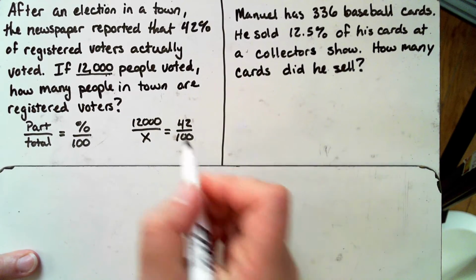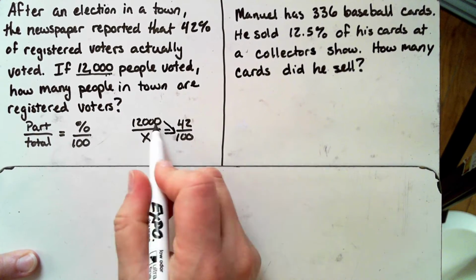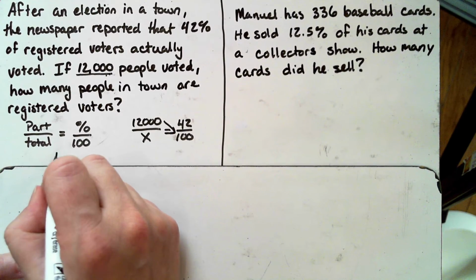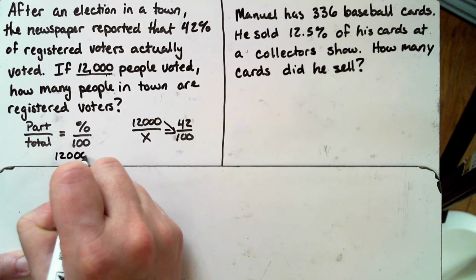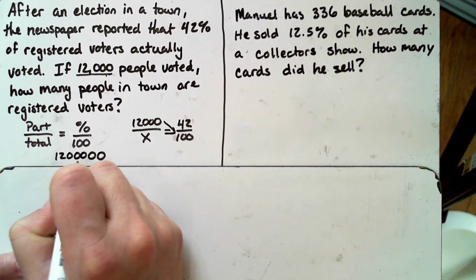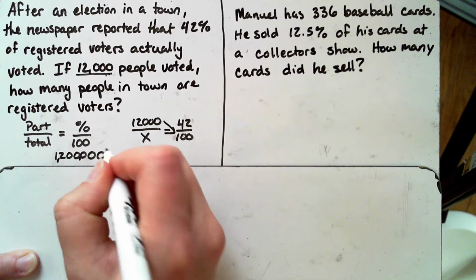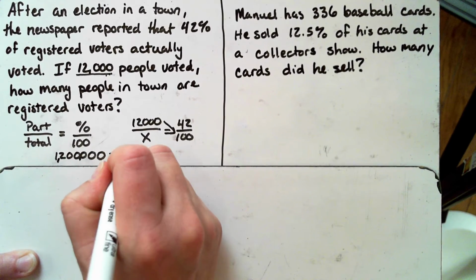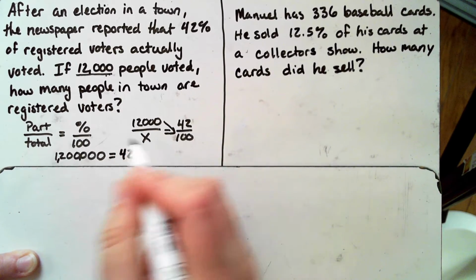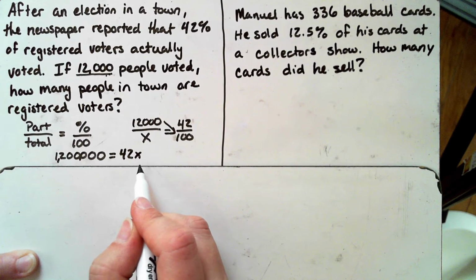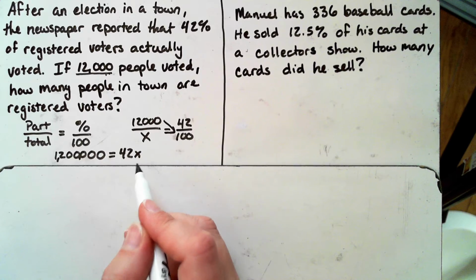And now we would just solve using a cross product. I'm going to do 12,000 times 100, which is 1,200,000. And it equals 42x. And then I would just solve this one-step equation by dividing.